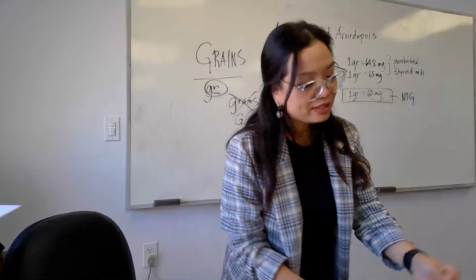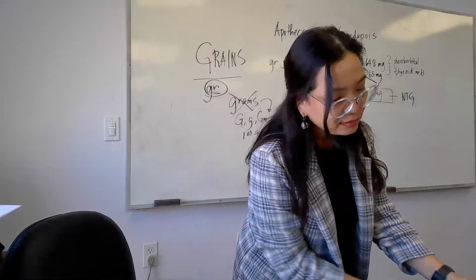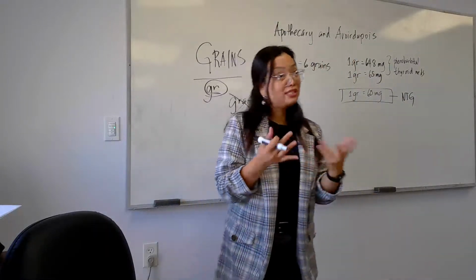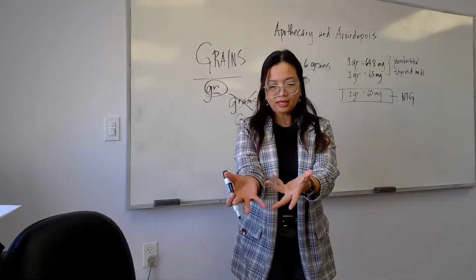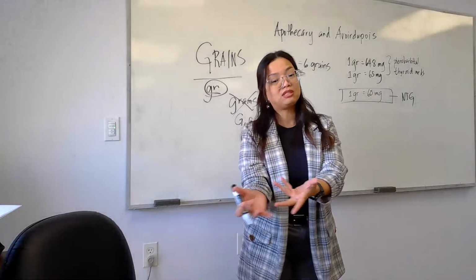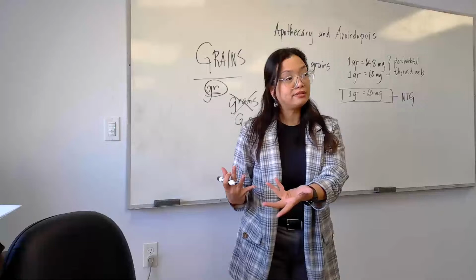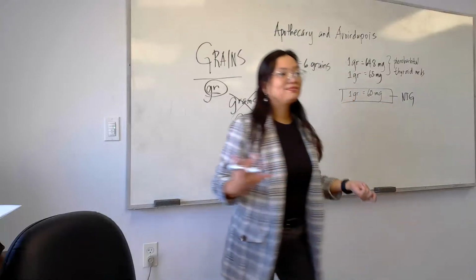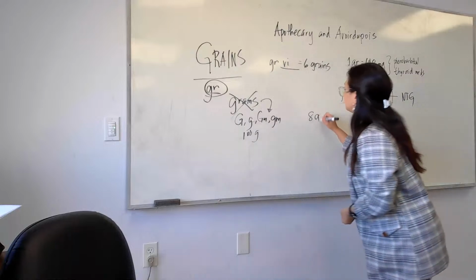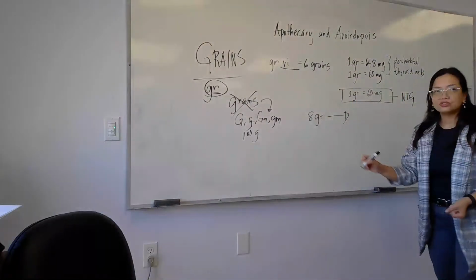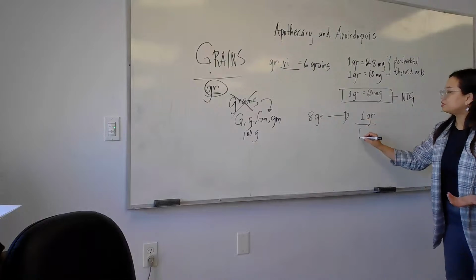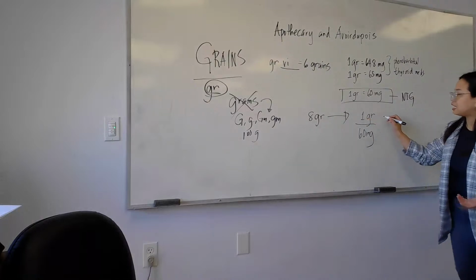I have here some practice problems on grains to milligrams. Your practice worksheet will say 1 grain is 60 milligrams, which means all of the practice pertains to nitroglycerin. Let's do 8 grains. I know that 1 grain using nitroglycerin is 60 milligrams.